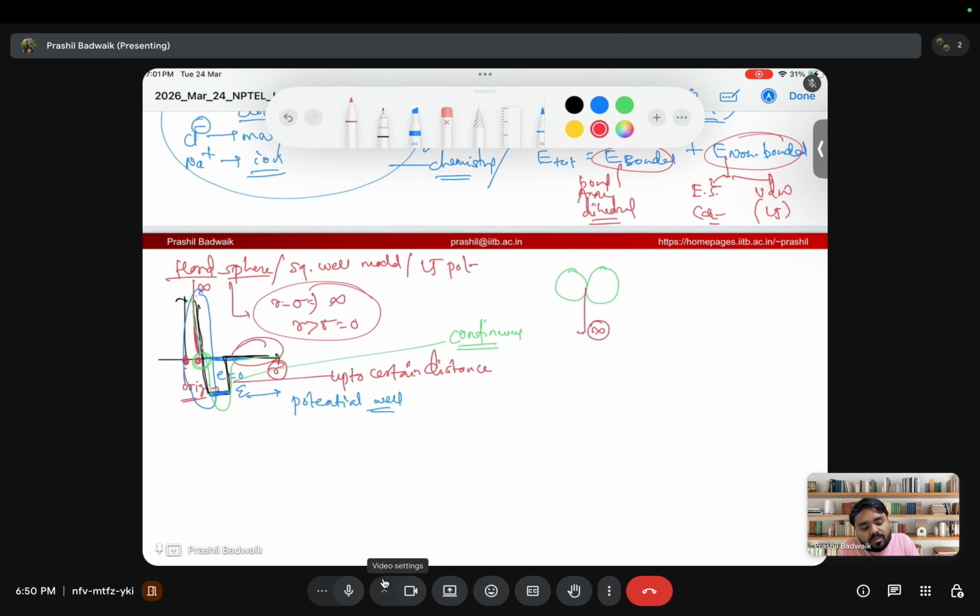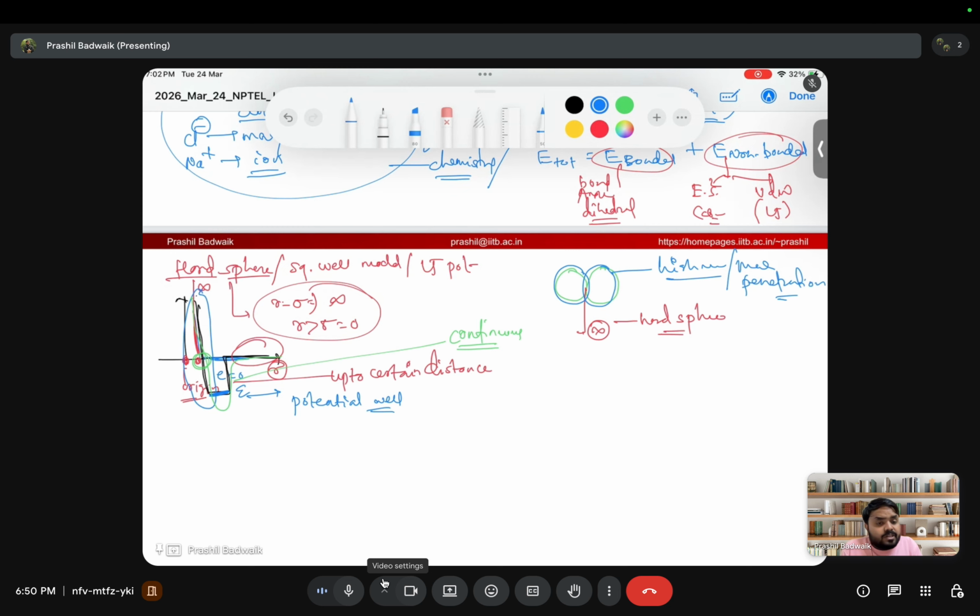That's what the hard sphere model told. But now we are saying, oh no, molecules can penetrate up to a certain distance. As soon as it reaches a higher value or more penetration, what will happen? The energy will shoot up. That will be taken care of by the potential.